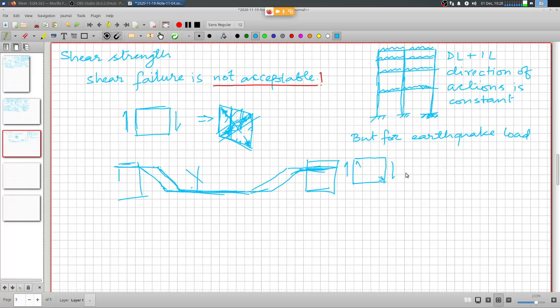In another instant on the same section you might be looking at shear forces in this direction, leading to diagonal tension along the other diagonal. Right?